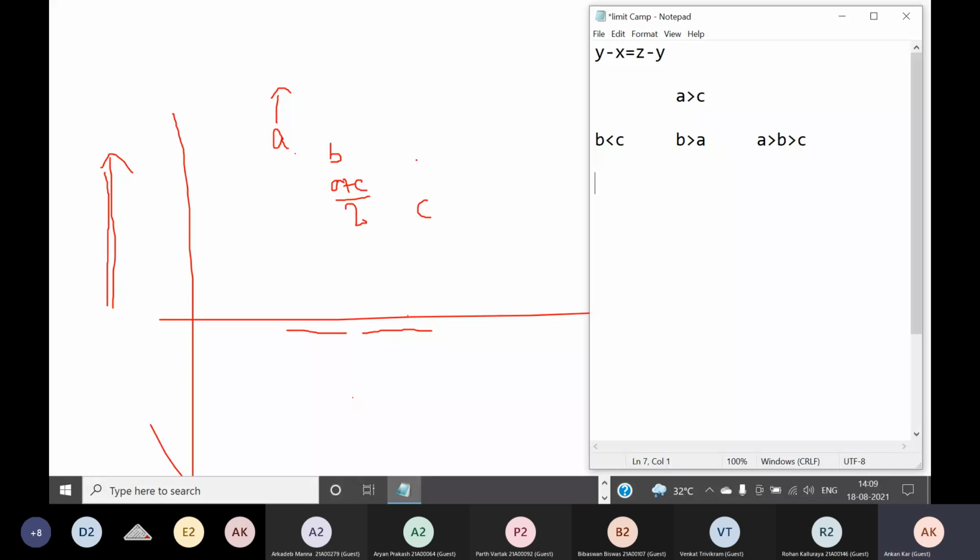And so it was done, but what's the formula for b less than c?